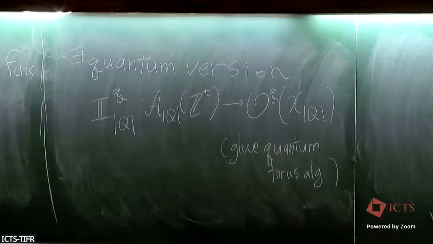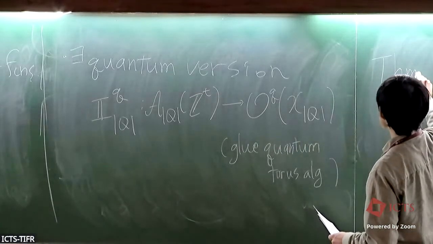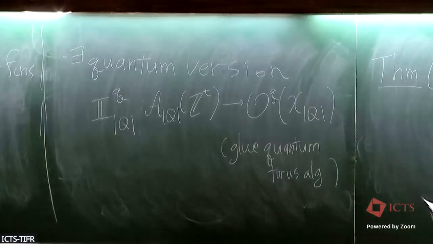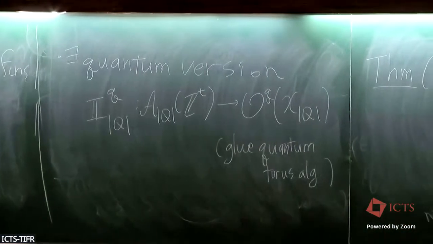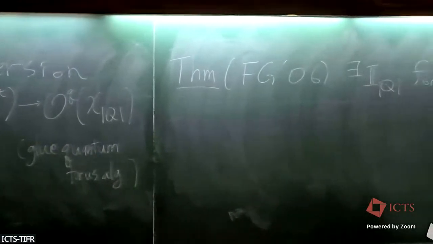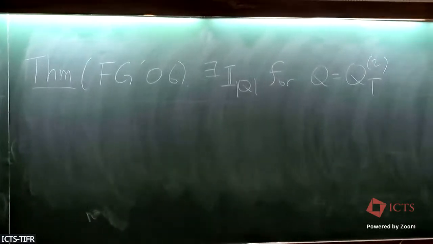So now let me give you some results. The most original early results are already in Fock and Goncharov's first paper, which says that there exists a nice duality map for the triangulation quiver of the surface, which means the SL2, PGL2 case for punctured surface.